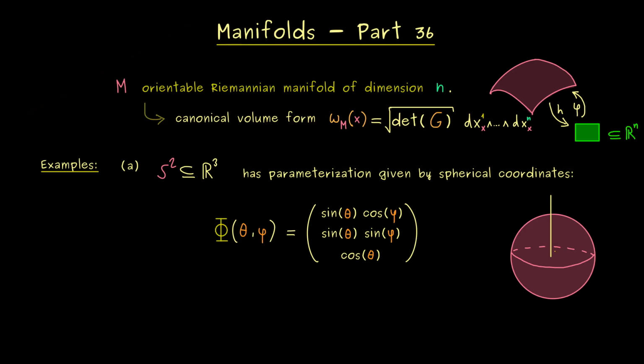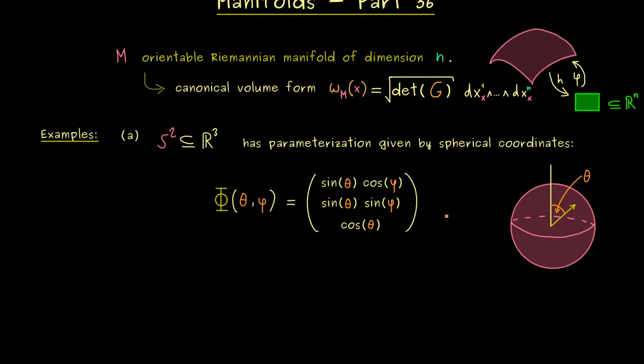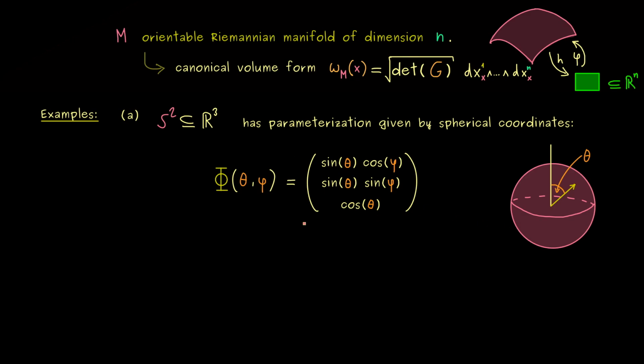Indeed, what you should remember here is that we need only two angles to characterize a point on the sphere. And the angle theta here is measured from the North Pole. And on the other hand, phi is measured as the angle on the equator plane here. So it's not so complicated, but it's still important to remember how this formula looks like.